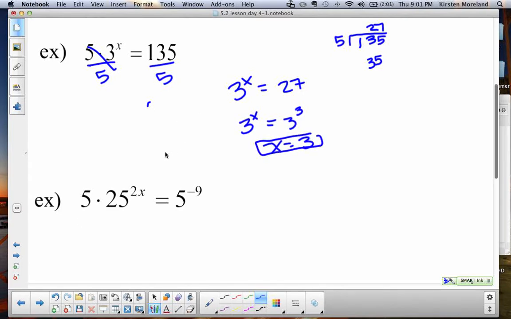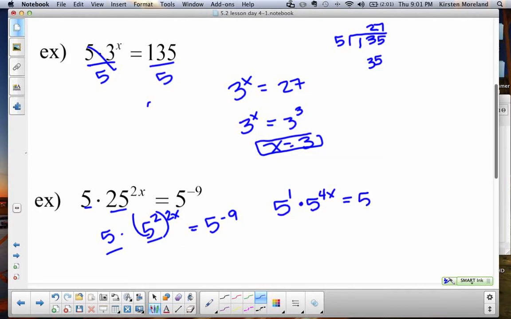Right, and the last one we're going to do is obviously a base of 5. So I get 5 times 5 squared, still raised to the 2x because 25 is 5 squared, equals 5 to the negative 9. Again, when I multiply, I add my exponents. So I get 5 to the first times 5 to the 4x equals 5 to the negative 9.